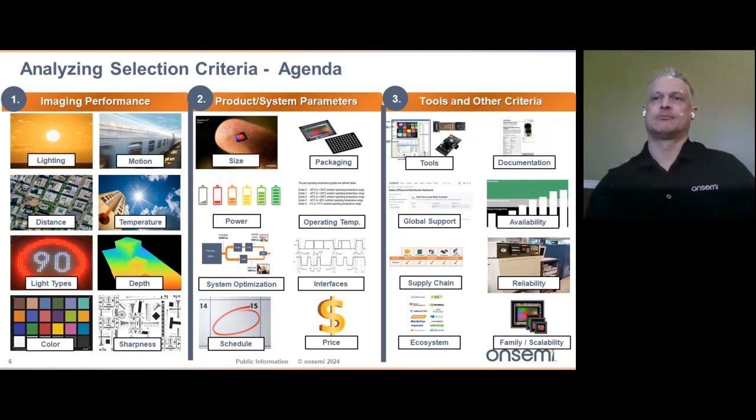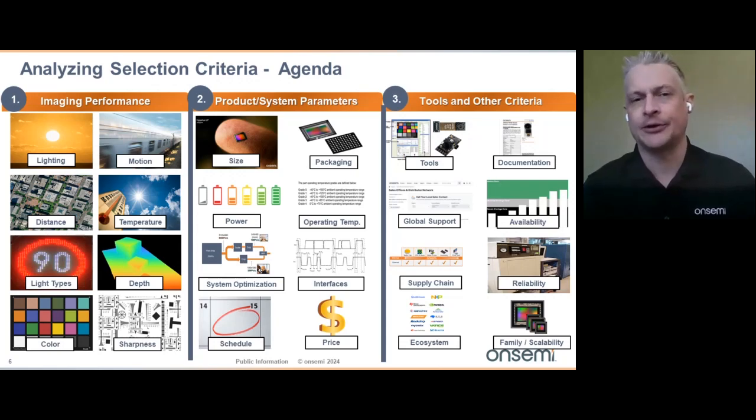So these are the kind of traditional areas that you look at, and then there are kind of the elements that I would say you can't really put a dollar value on, but they're obviously critically important. And this is kind of the tools and documentation, your support. Is the device available? How does the supply chain look? Is it reliable?